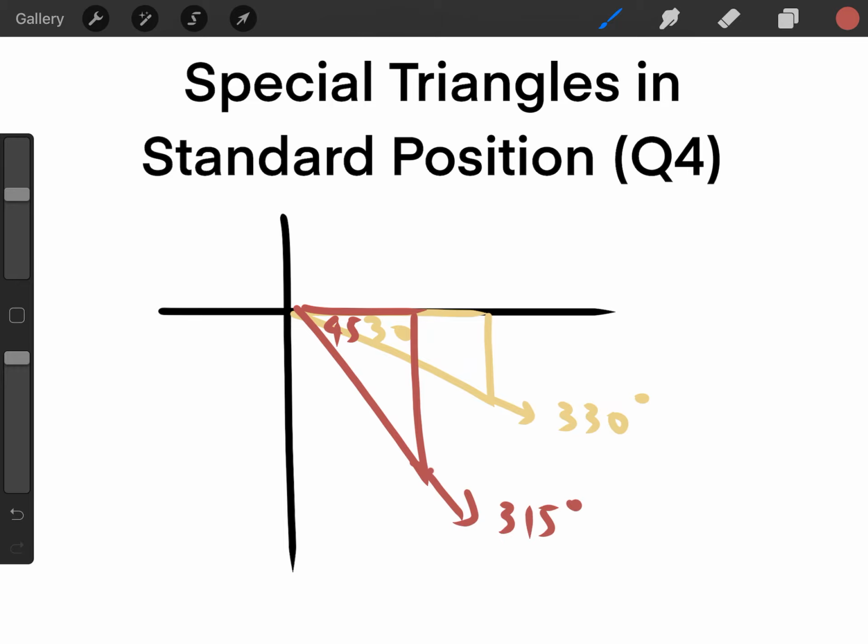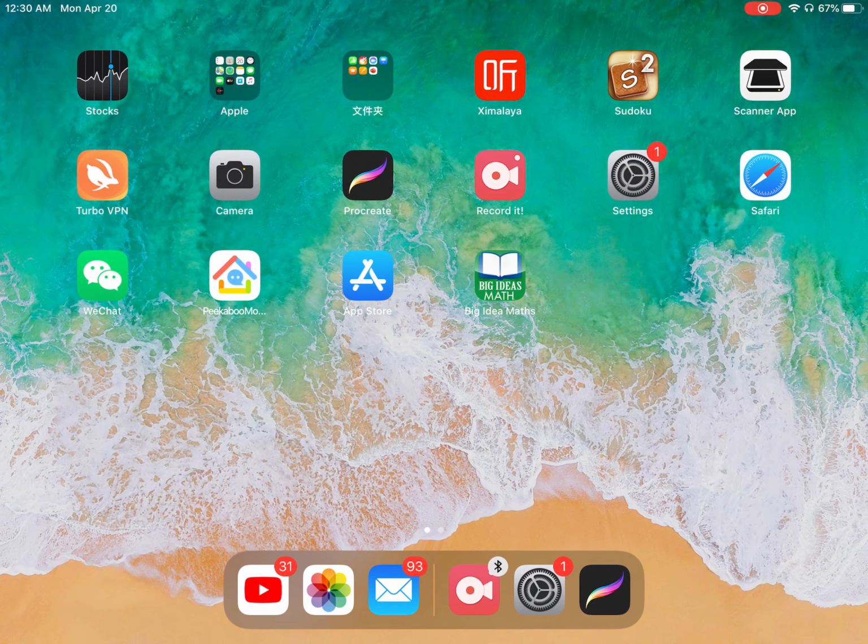Now let's talk about quadrant 4. If it's a 30-degree reference angle in quadrant 4, the terminal side is 330 degrees. If it's a 45-degree reference angle, this is 315 degrees.